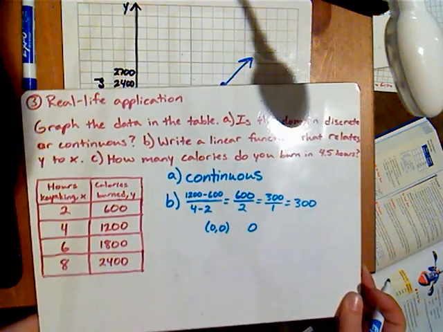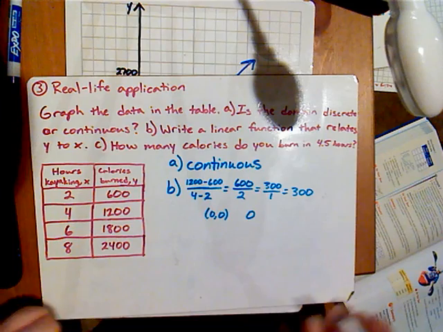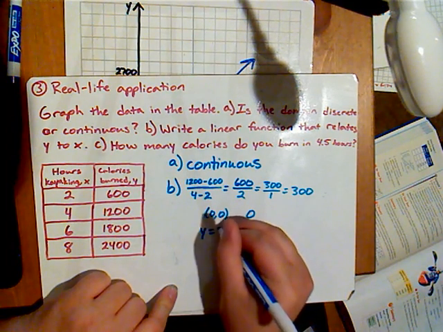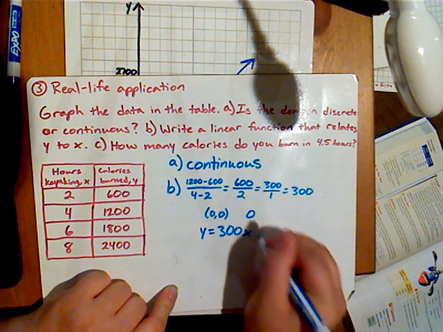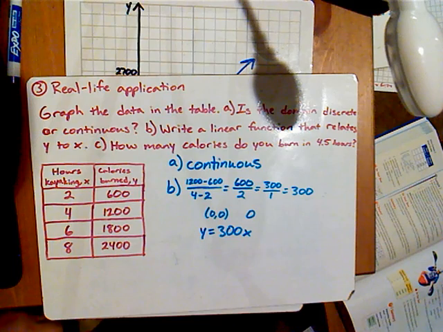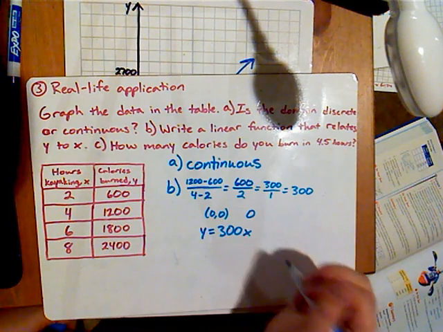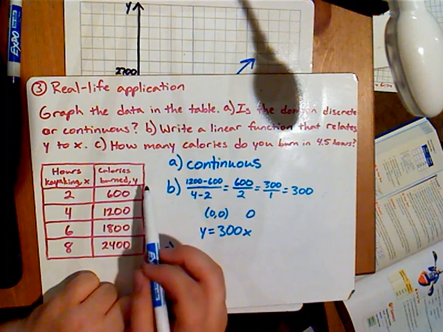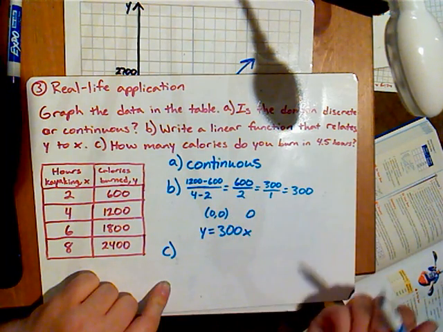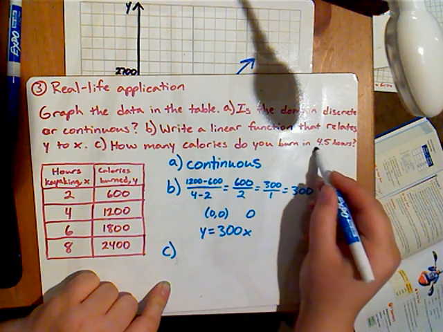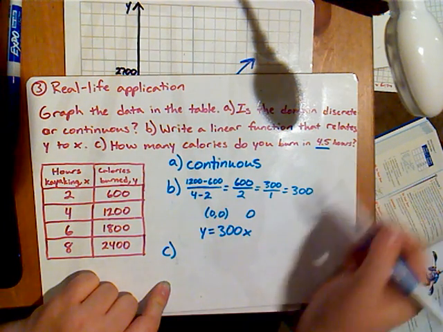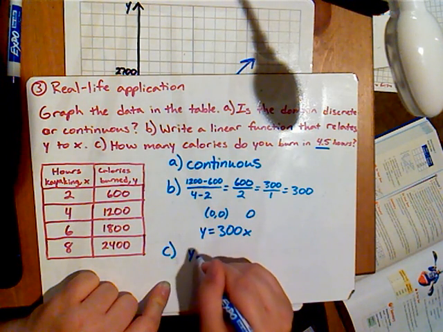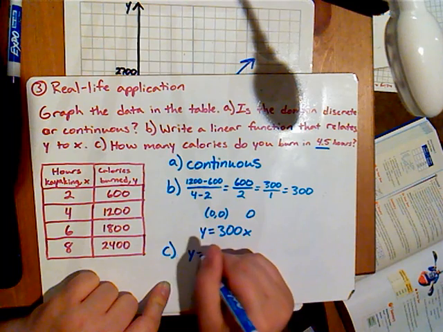So our linear function is going to be y equals 300x. And that is our linear function. And then C wants to know how many calories do you burn in 4.5 hours. So 4.5 is a time, so that's an x. So we're just going to plug in that 4.5 for our x to figure out what y would be, and y is our calories burned.